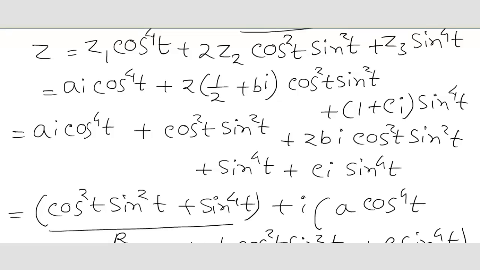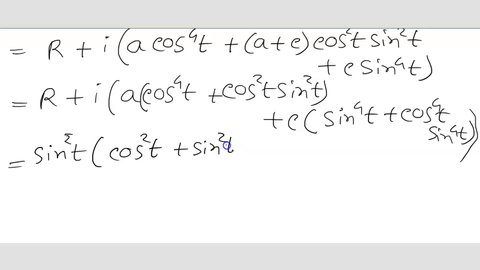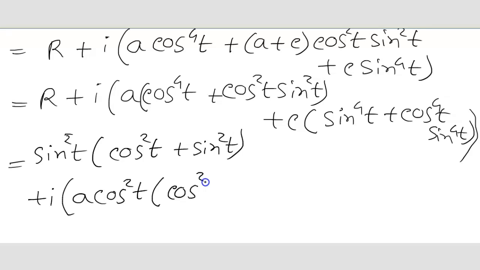So we can take common sin²t. Now if we take sin²t as common, it will become cos²t plus sin²t in the real case. And in the imaginary case, if you look closely, we can take common cos²t from here. So if we take common cos²t, it will again become cos²t plus sin²t.